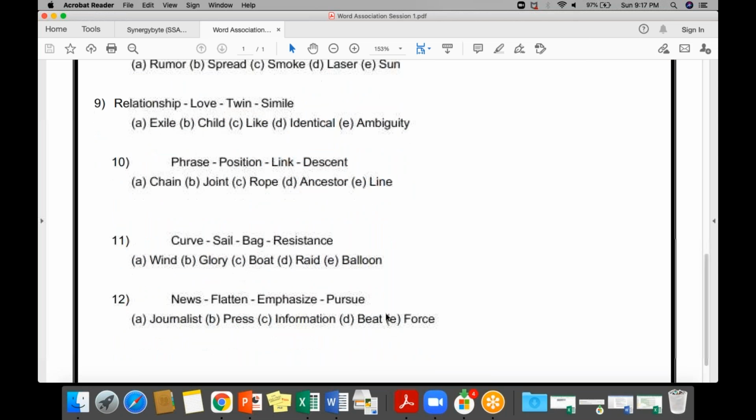Coming to last question of the day. News, flatten, emphasize, pursue will go with which of the five words?